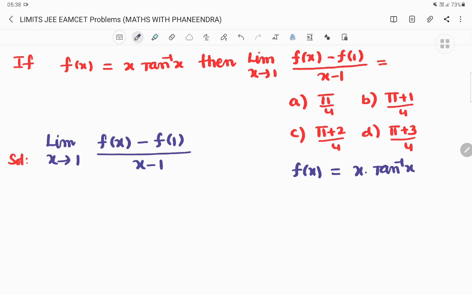X is equal to 1, substitute, f of 1 minus f of 1 by 1 minus 1, ultimately 0 by 0 form. So we need to apply L'Hospital rule.